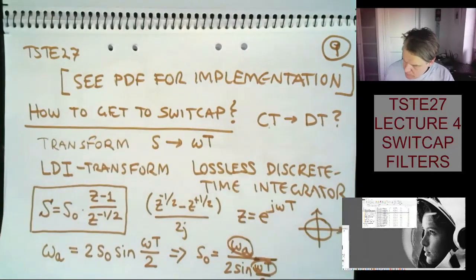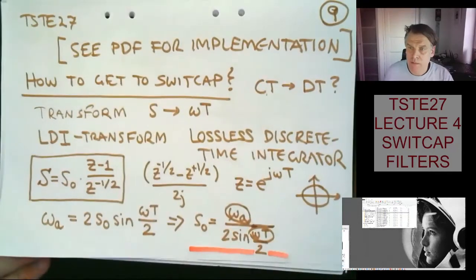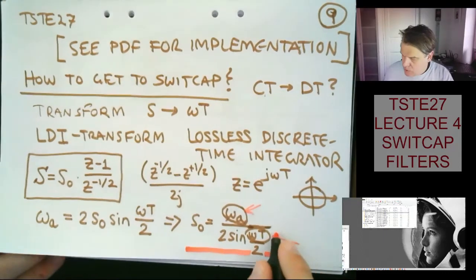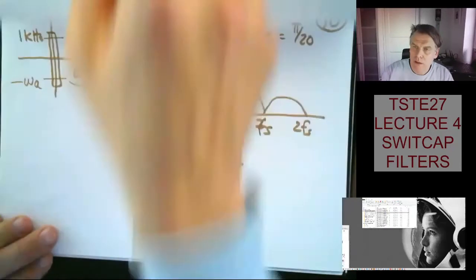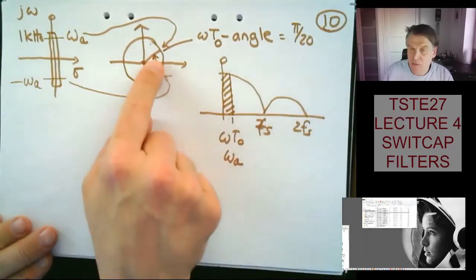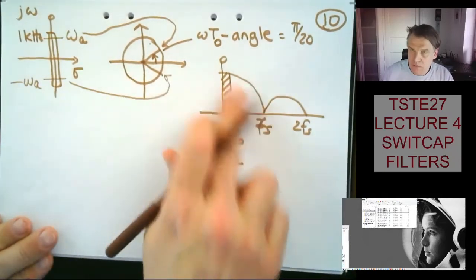S naught being equal to your chosen frequency, omega a. That's chosen, and that's also your chosen angle. And also here then, the angle cannot be too high. We need to have an angle which is much less than pi, according to this discussion about sinc.